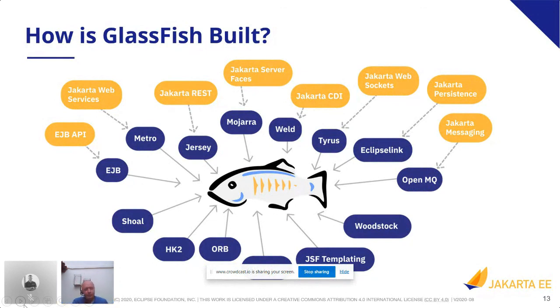So building GlassFish actually took quite a long time, not because of the technical complexity involved, but because of the dependencies involved. The approach we took first was to change our dependency to a Jakarta dependency.